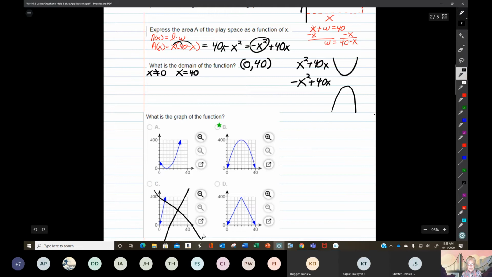So neither of these would be correct. And the problem would be to decide between this, which is the graph of a quadratic function, and this one, which is upside down, called cup down.